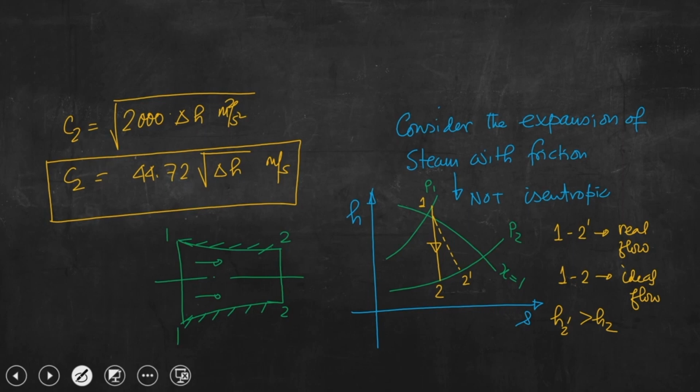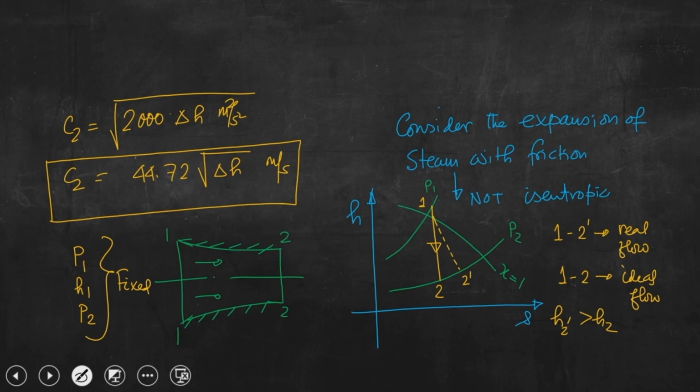Now, if we assume that the steam has constant enthalpy at the inlet to the nozzle, so P1, H1 and P2, these 3 are fixed. If these 3 properties are fixed, we know that the expansion will take place between these 2 pressures.